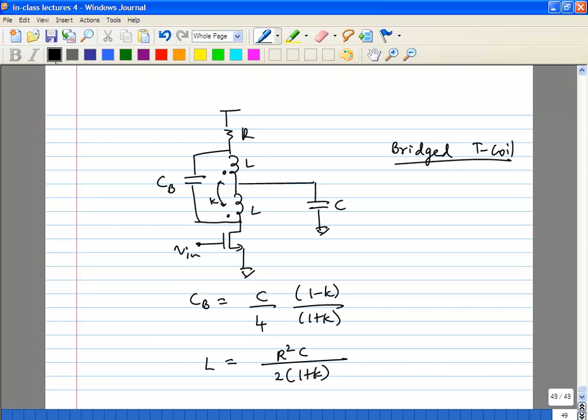So now you can again find out. These happen to be the most optimum cases for C and L. But now with these optimum values, you can sweep K and find out what is the best, assuming K has a certain value, for a fixed K. Then you start varying K. It turns out K equals half gives you group delay.